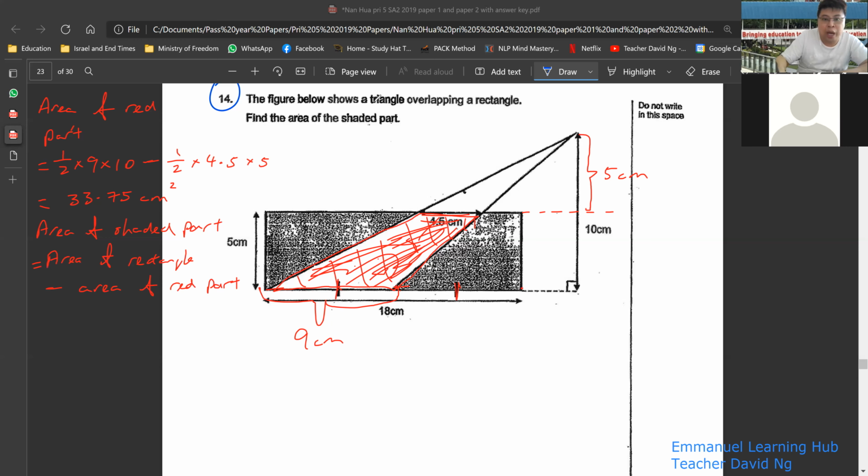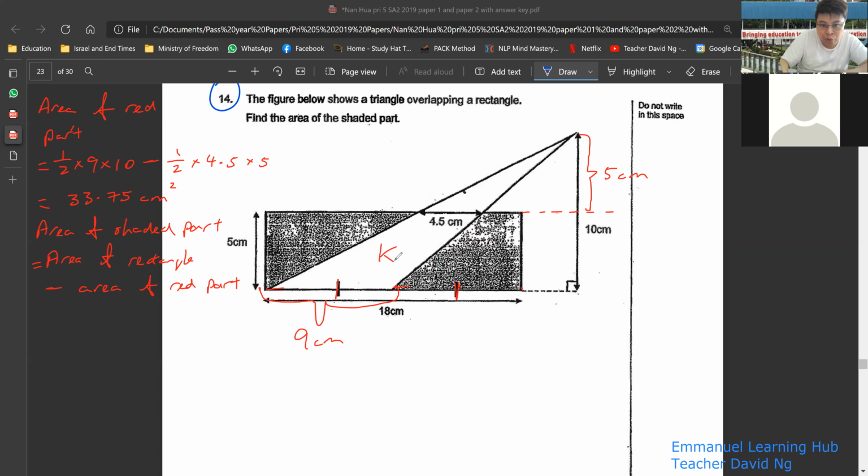In the exam, because as I said, don't write in red, what you can do is name it as region K. Then you specify, let region K be the area of the unshaded part within the rectangle.